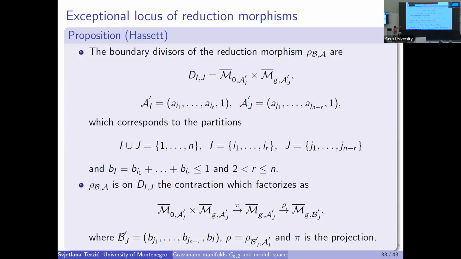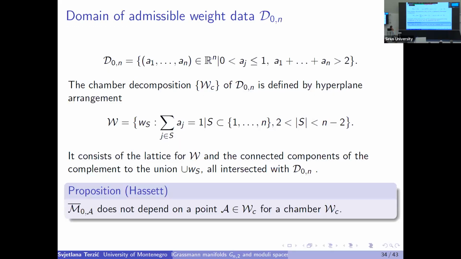It contracts M_0,A_1 prime to M_g,A_g prime, and then we just consider the reduction morphism from A_g prime to B_g prime. Then he considered the domain of admissible data in the case when genus equals 0. This is the domain of admissible data, D_0,n, in the case when g equals 0, weighted data.